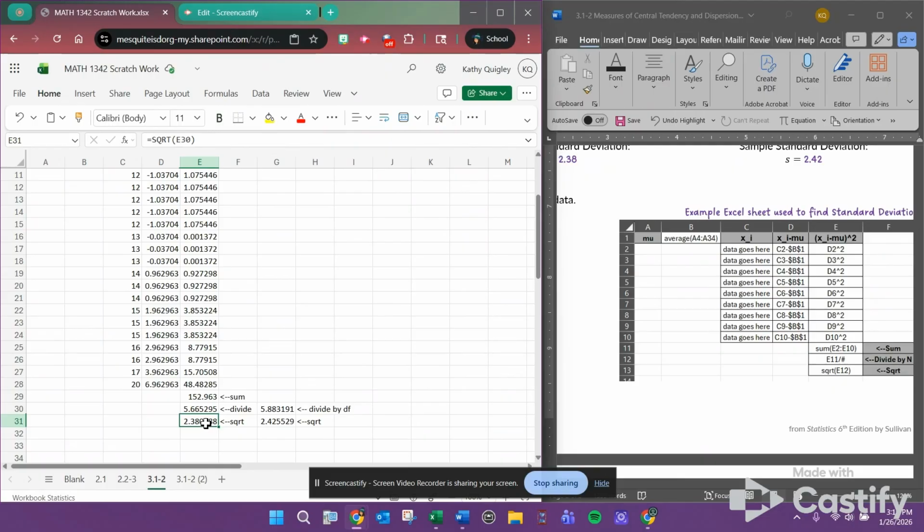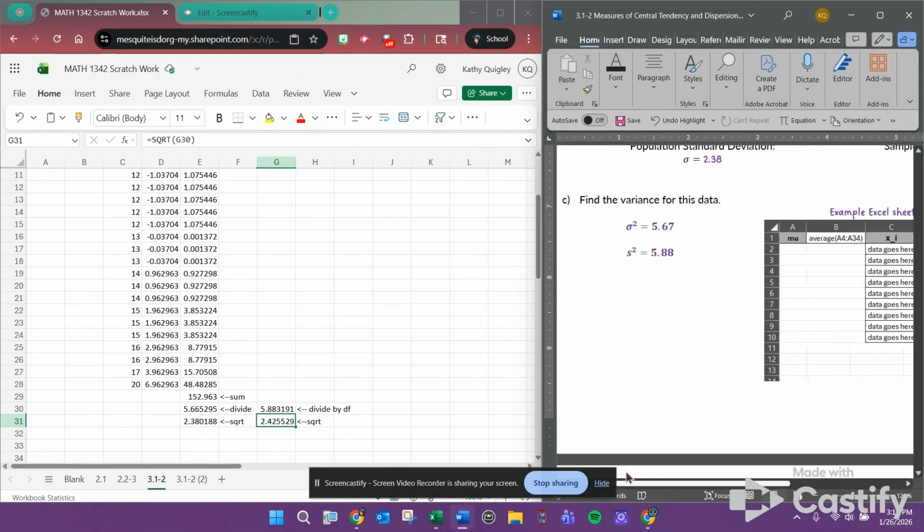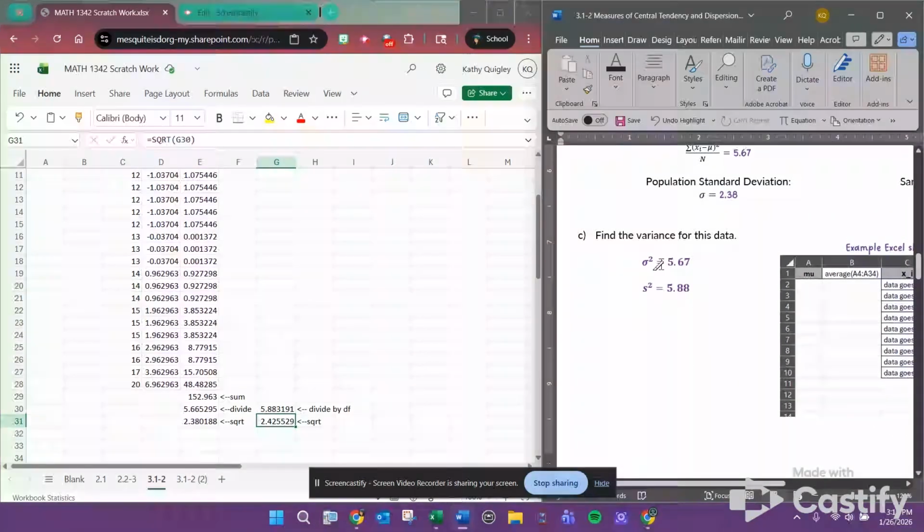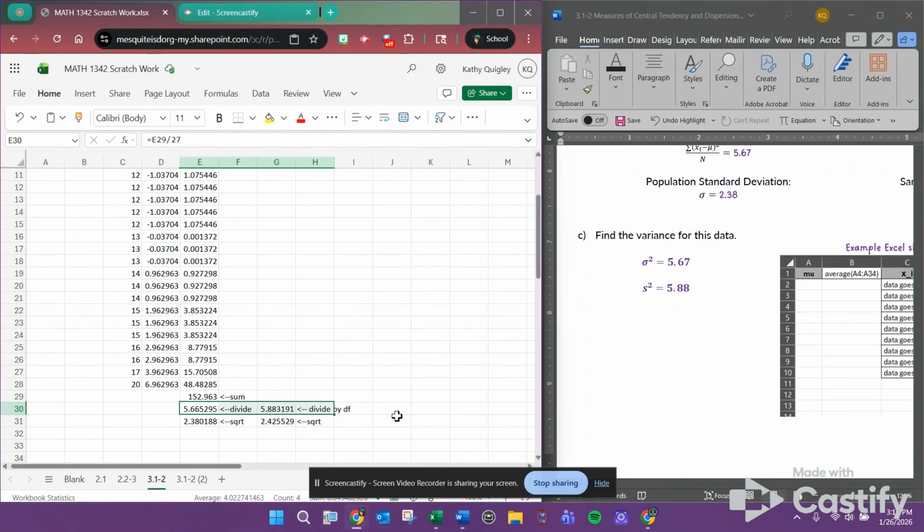Then I take the square root of both of those division problems to find standard deviation either for the population or for the sample. But here's what's nice, because there's an extra question here that says find the variance. Notice we already saw these numbers once. Before you square root, these numbers right here tell you the variance for either the population or variance for the sample.